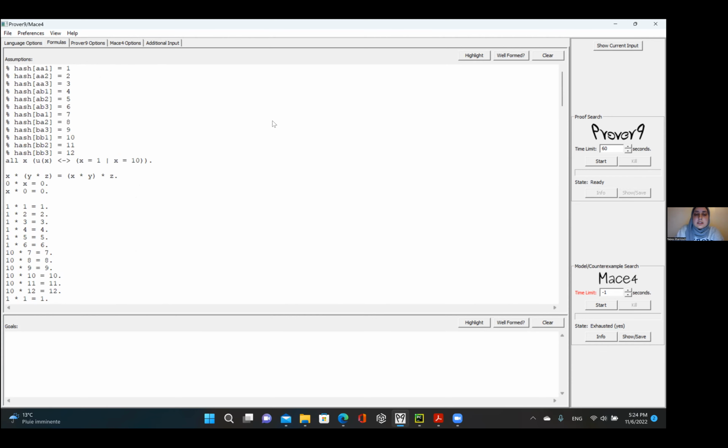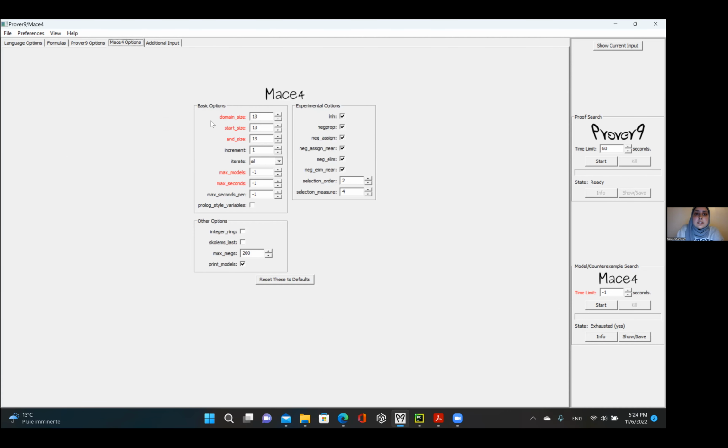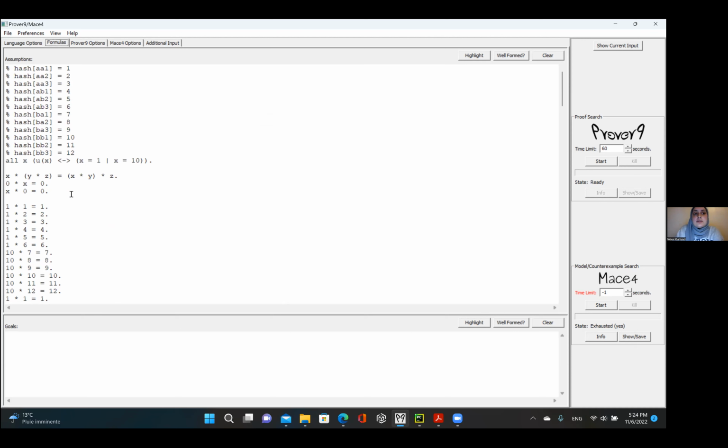We say that the domain size is 13, because we have 12 morphisms and the 0 element, so it makes it 13. And we start the program. In the information, it shows us the seconds it takes to generate the models, and the models that the program found so far.